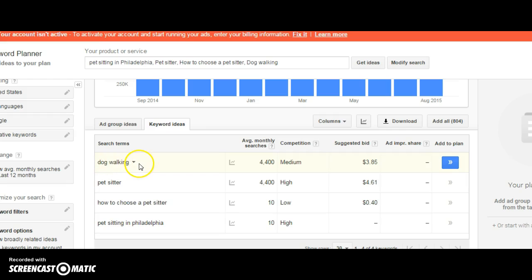So for dog walking, we see about 4,400 people a month are searching for that, and that's a pretty good volume. And it's got not too high of a competition, so that's really good news. So in that case I would definitely put down dog walking if I'm a dog walker and I want to be sure I can go create a blog post that incorporates the term dog walking, not dog walker.